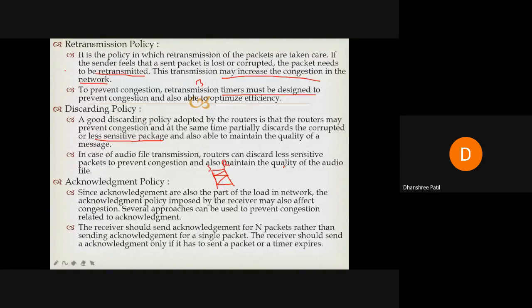Don't know, don't remember. Yes, Shubham, do you remember? No, ma'am, I don't. Sorry. Okay, can anybody tell?